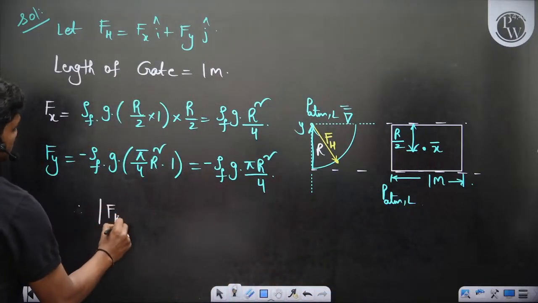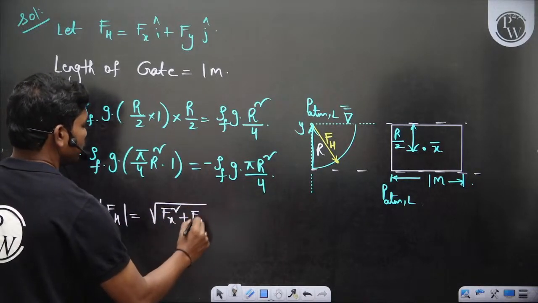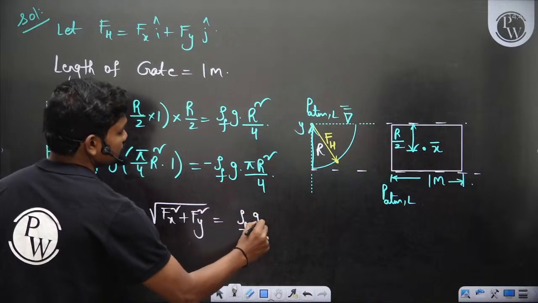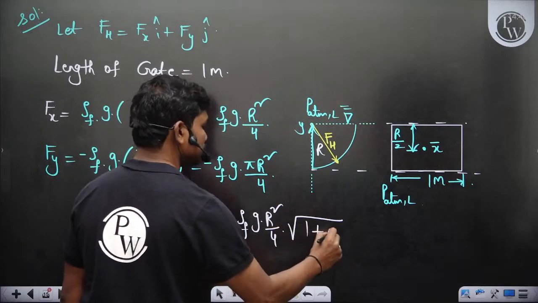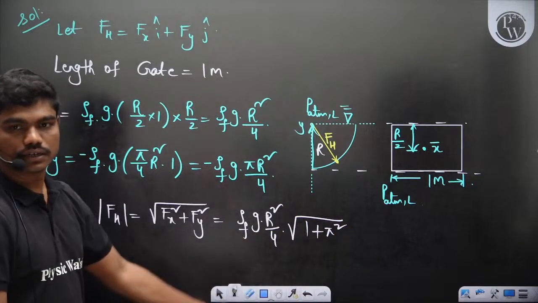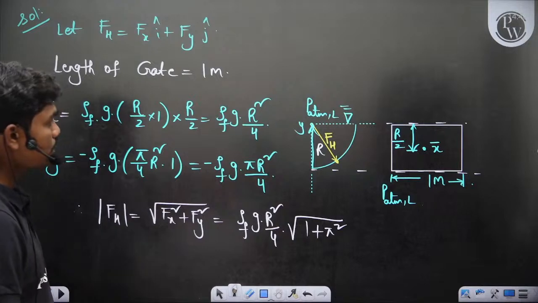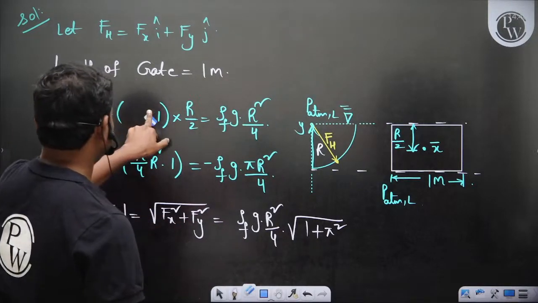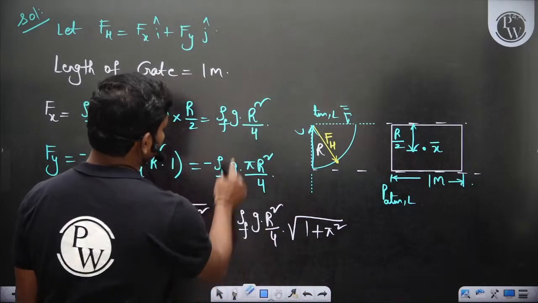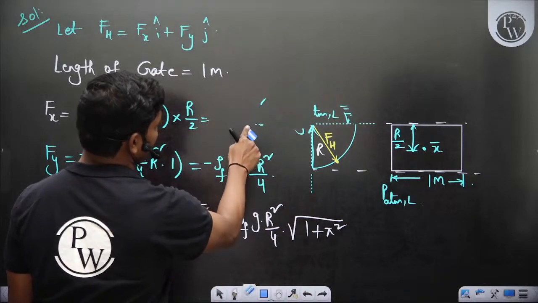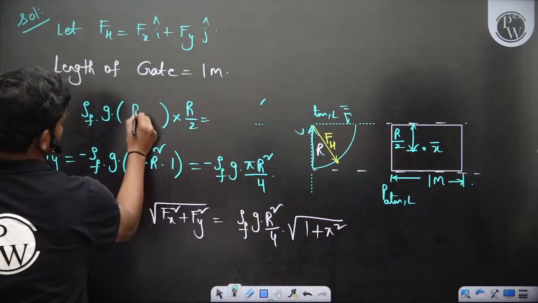Therefore the magnitude of Fh is equal to root of Fx whole square plus Fy whole square. So this is rho f g r square by 4 into root of 1 plus pi square. That's all, correct? Area should be r into 1. Yes, correct, this should be r into 1.